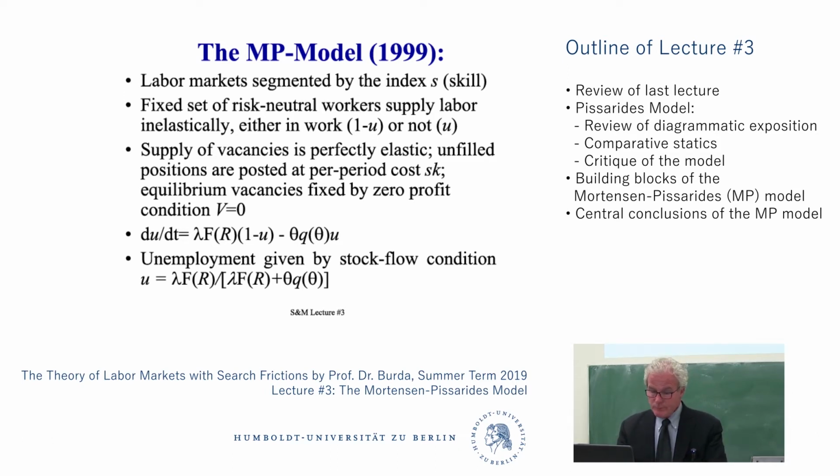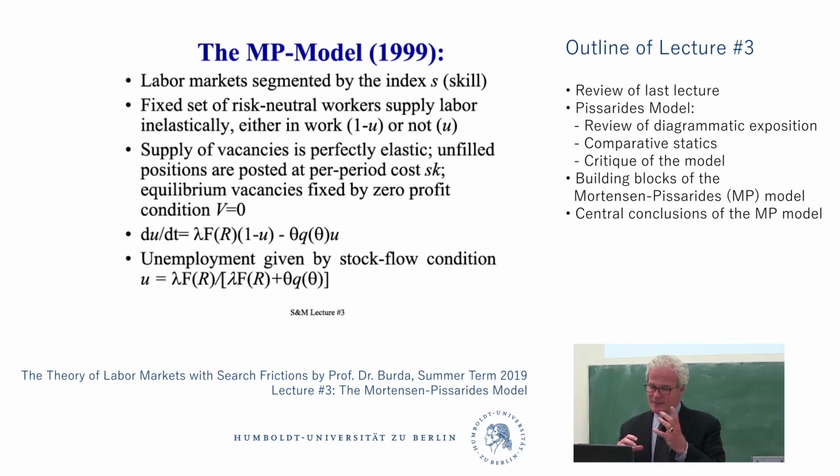Okay? So again, if you set du dt equals 0, there's the value of U. Unemployment is, again, this wonderful expression that we had at the very beginning of the first lecture, S divided by S plus F. But now we've breathed life into S. S is now equal to lambda times F, evaluated at the reservation productivity level.